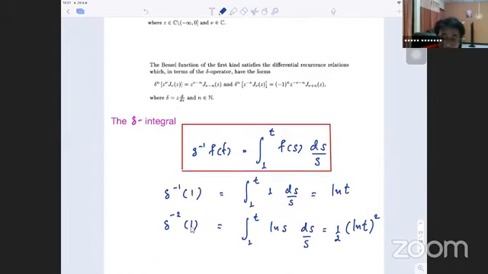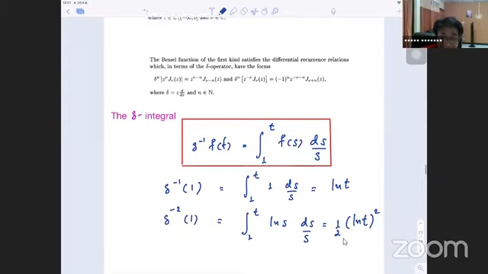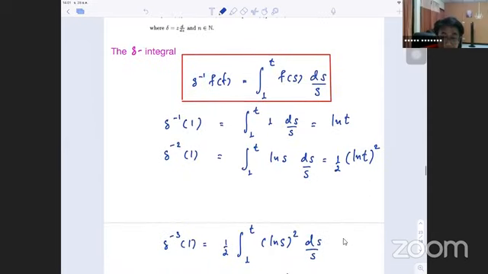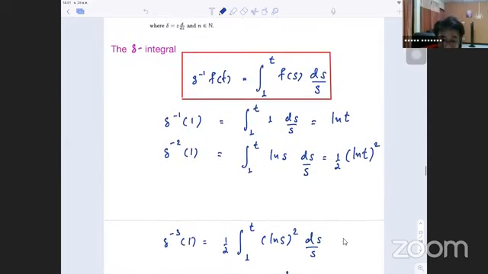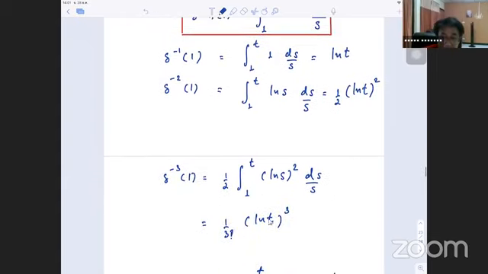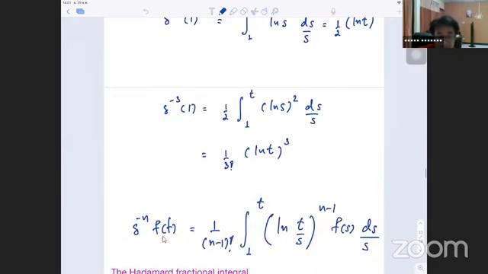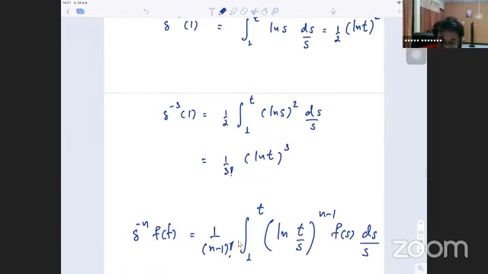The double integral of 1 equals log t squared over 2. We observe the significance of this. And we have the n-times integration of delta integration is this formula. And you see, this is a factorial function.